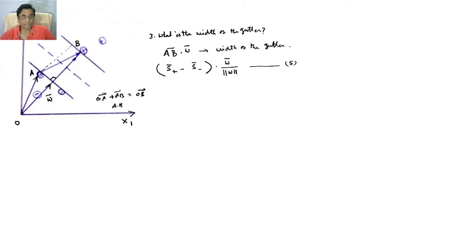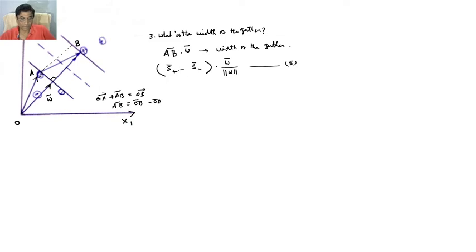So AB equals OB minus OA. Now this is dotted with w, and I am making a unit vector in that direction, and projecting AB on that unit vector direction to get the width of the gutter.